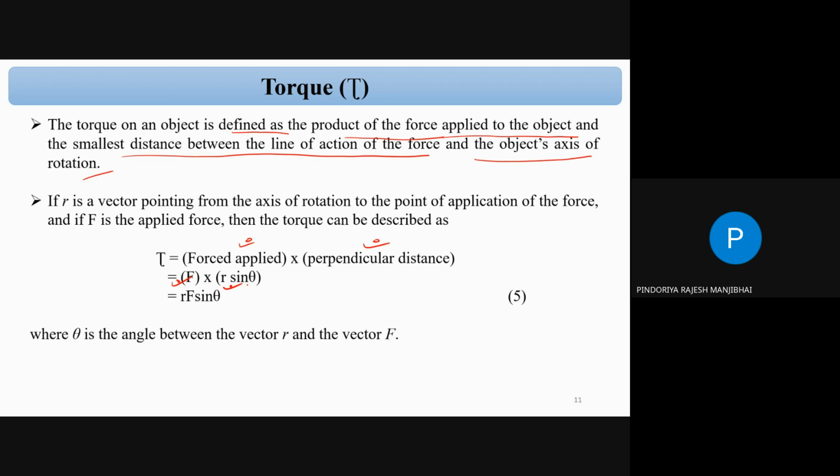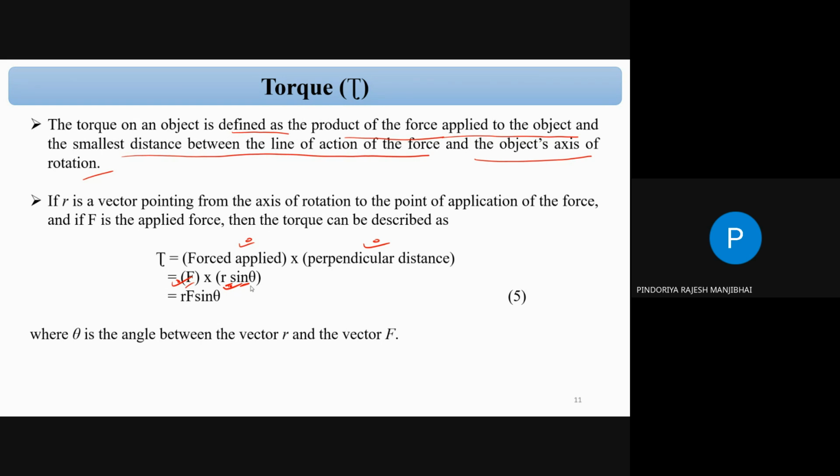F is the force you are applying, r is the perpendicular distance, and sine theta accounts for the angular movement. So finally, torque is equal to r times F times sine theta. Any question till now?